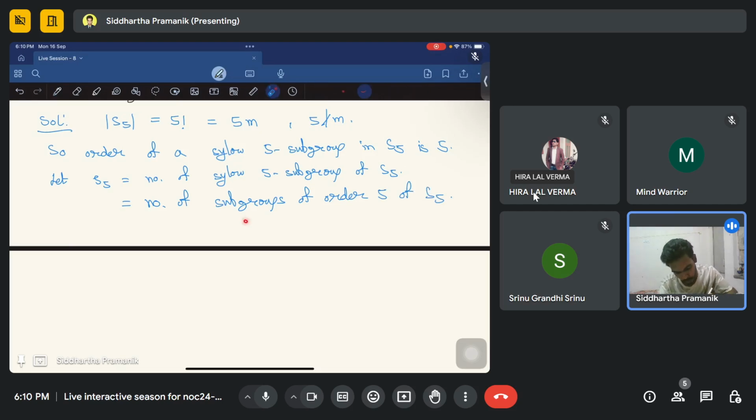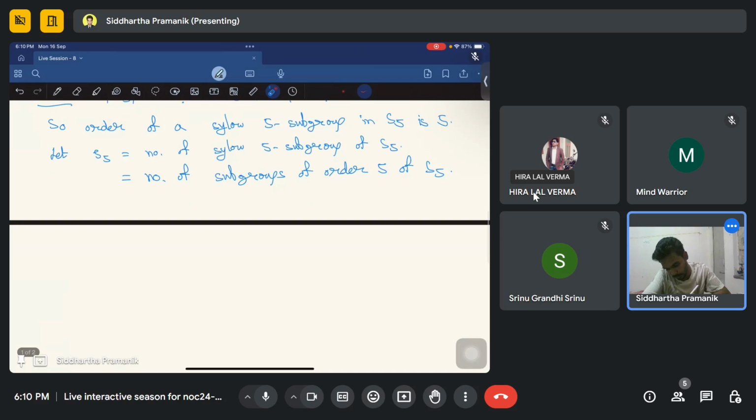A subgroup of order 5 is cyclic, so it is generated by a single element, meaning it is generated by an element of order 5. So if we can find the total number of elements of order 5, then we are done, right?